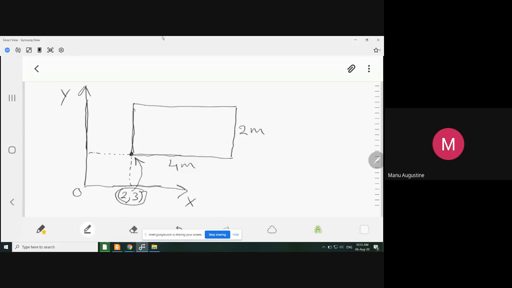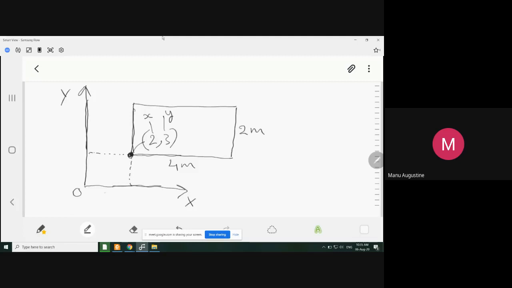Now I hope that the concept of coordinates is very clear to you. Okay, so if this is 2, 3, that automatically means this is the x coordinate and this is the y coordinate of this point. We are talking about this point.